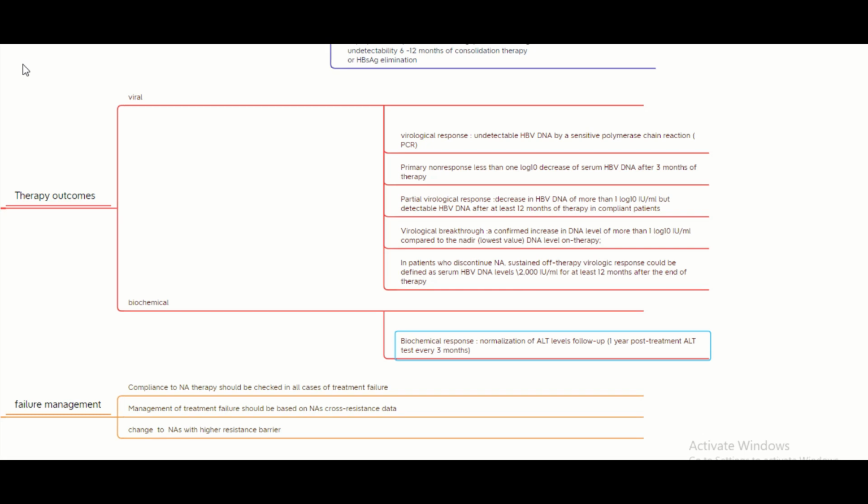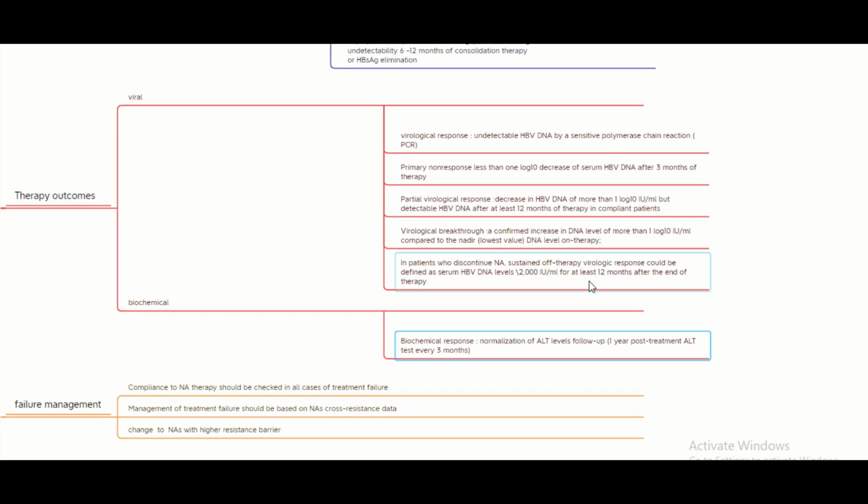Virological breakthrough is a confirmed increase in DNA level of more than 1 log10 compared to the nadir, which is the lowest value of DNA level while on therapy. In patients who discontinue nucleotide analogs, sustained off-therapy virological response should be defined as an HBV DNA level of less than 2000 units per milliliter for at least 12 months after the end of the therapy.